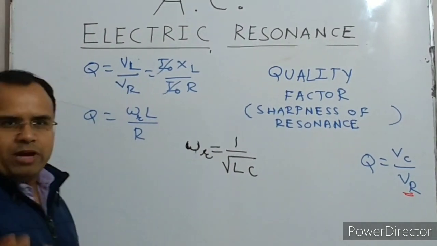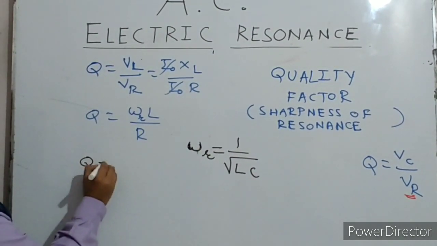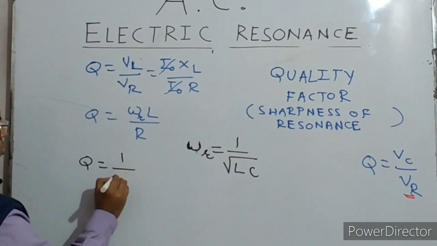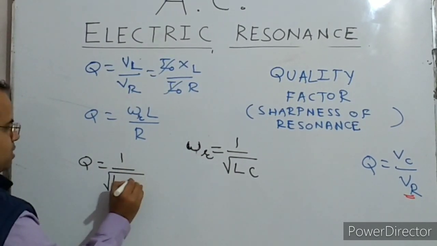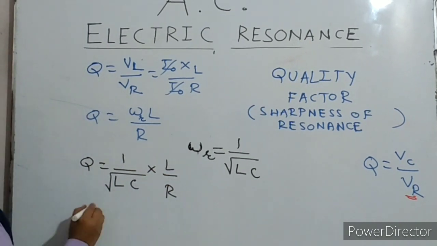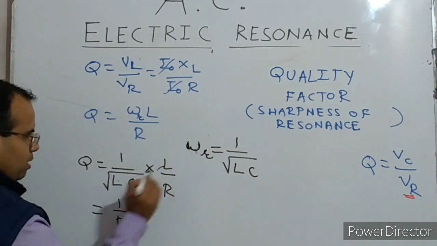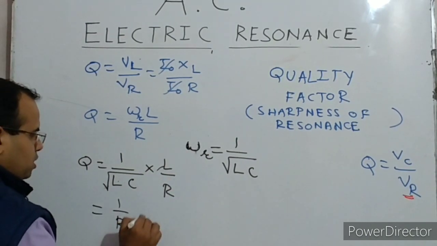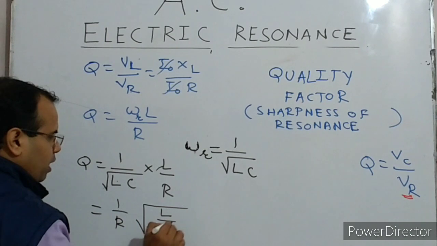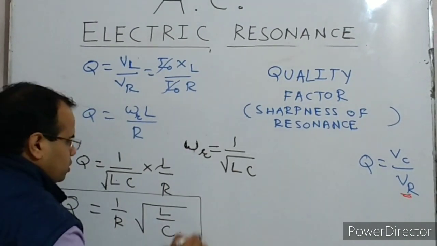It's not 1 upon 2 pi, it's 1 upon root LC, sorry. Now you have to substitute it. It is 1 upon root LC multiplied by L by R. When you do this, 1 upon R will come here, and root L and L will cancel. So what you will get is 1 upon R root L by C. This is Q, the quality factor.